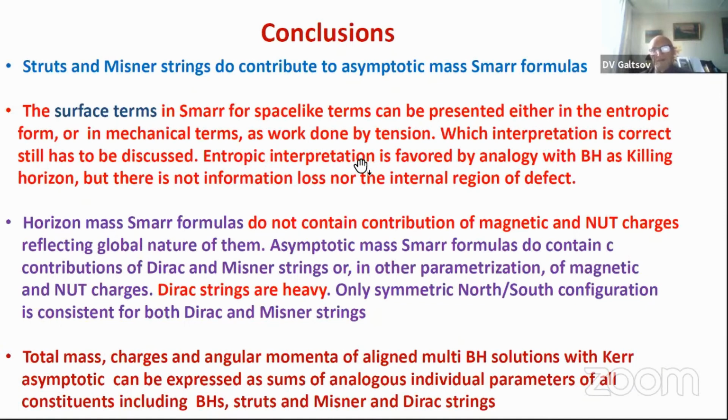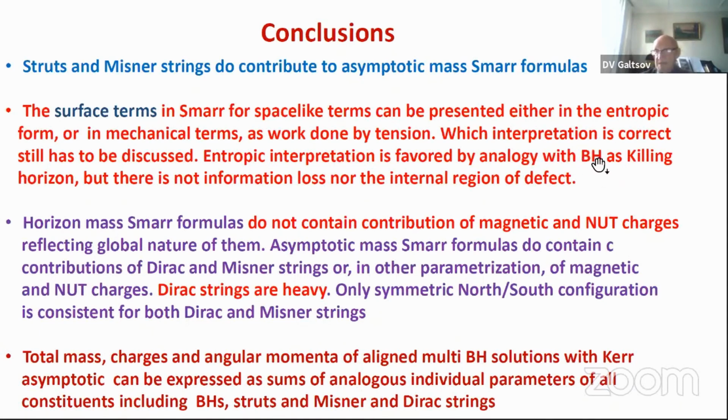But the entropic interpretation is favored by analogy with the Killing horizon also, because there is a two-dimensional diffeomorphism algebra. If you consider the Killing horizon as a boundary, you will get the two-dimensional extension of the constraint algebra with central charges.